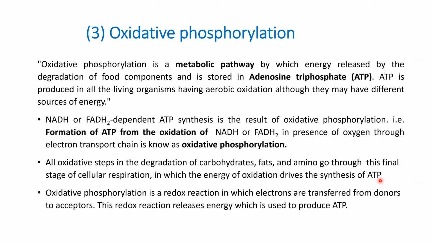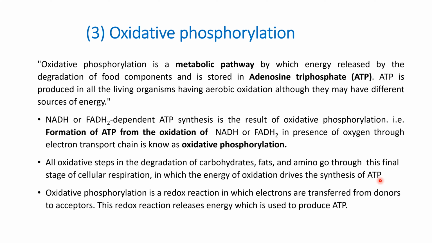And the final target is that the body, the biological system, the different metabolic cycles, they require the energy to carry on their movement, right? So this ATP is produced in that amount by which we are performing our activities.